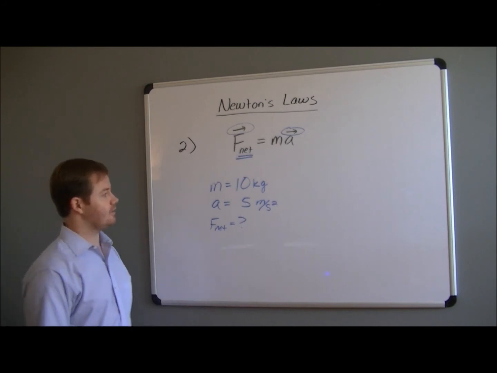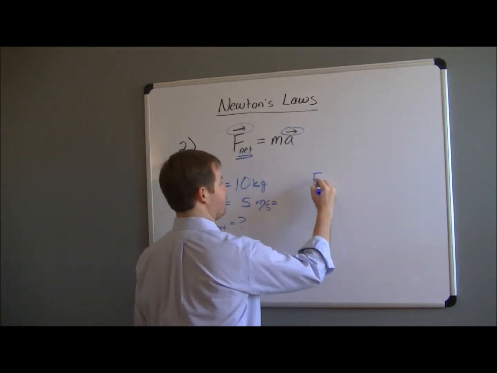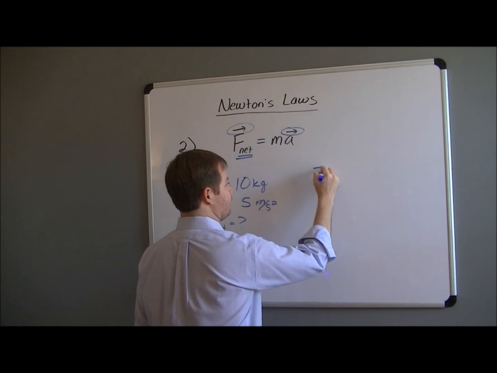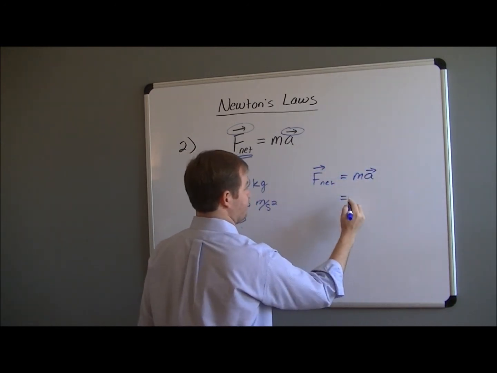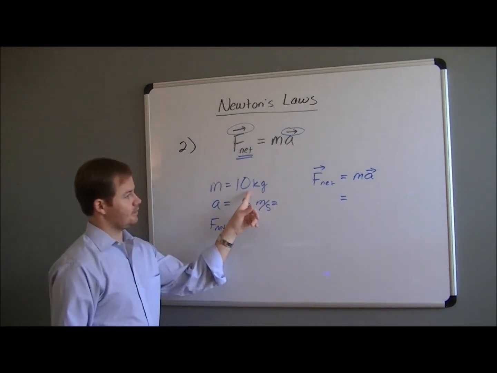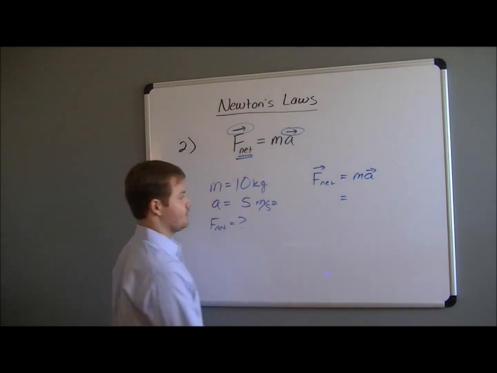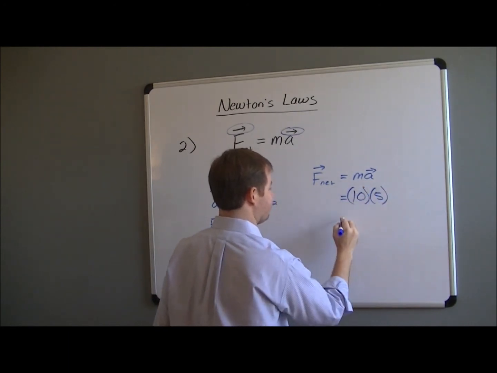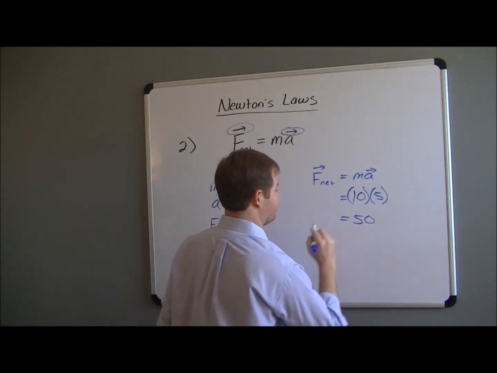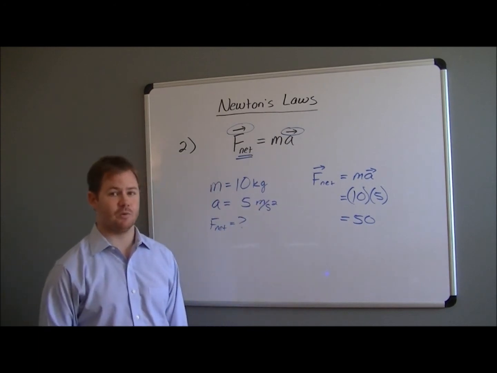So to do this calculation, we simply plug into our formula. F net is equal to mass times acceleration. And here we have a 10 kilogram mass and a 5 meter per second squared acceleration. So we have 10 times 5, which would give us 50 as our net force.